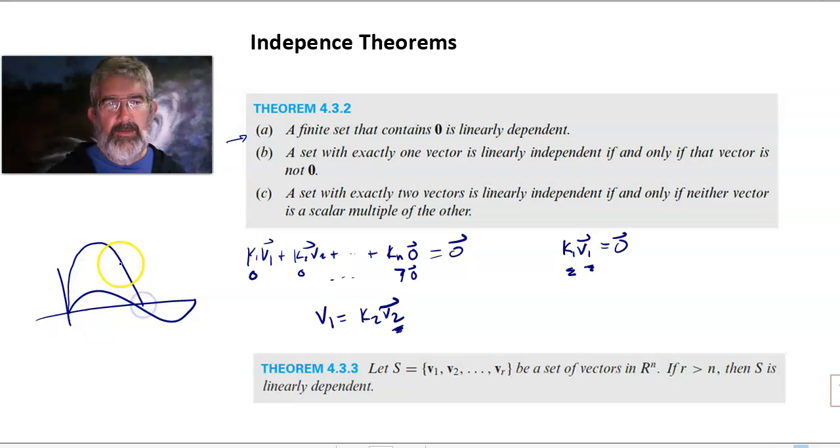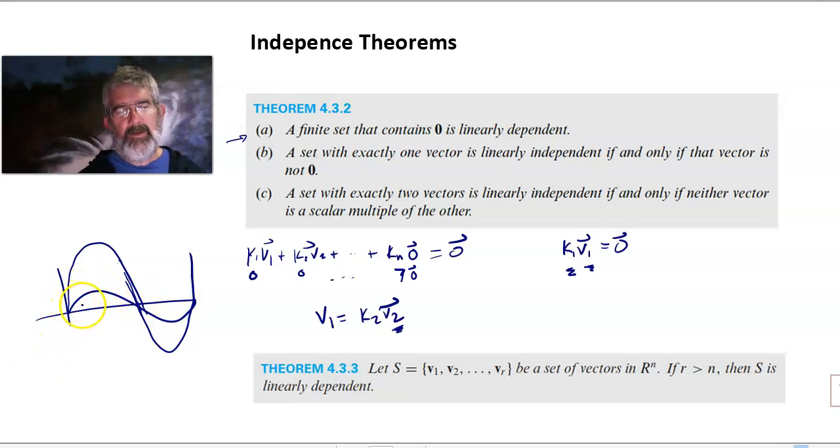The zeros would still be in the same place. The one graph would just be scaled up by a constant factor, not shifted, but scaled. So graphically, it would be, I think, pretty straightforward to see that one was a scalar multiple of the other.